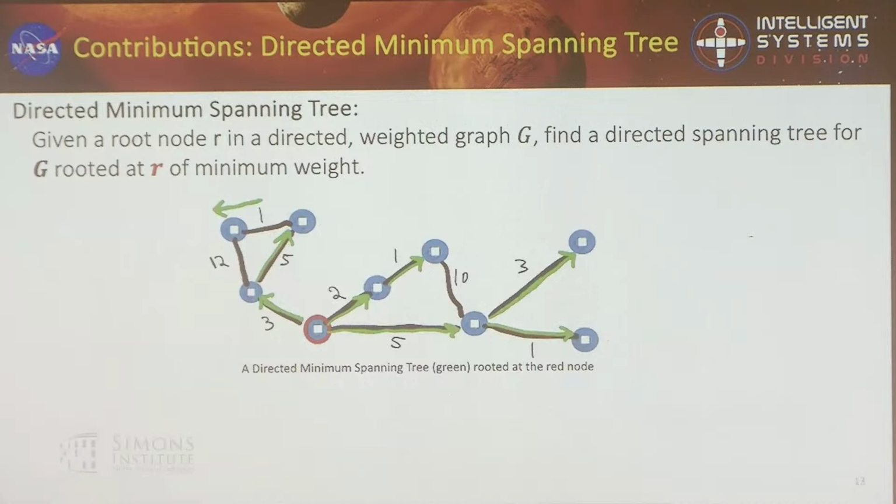So in a directed minimum spanning tree, given a root node in a directed weighted graph, we want to find a directed spanning tree from the root node so that you can get to all of the other nodes in the graph. And you're trying to minimize the weight, okay?